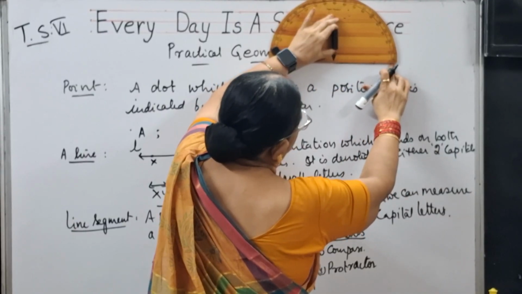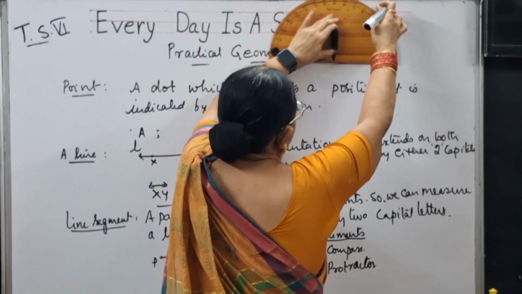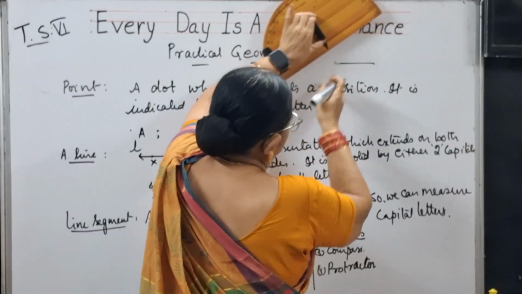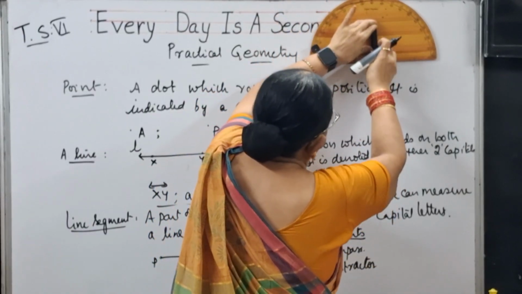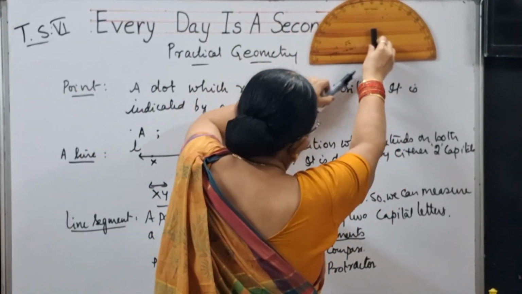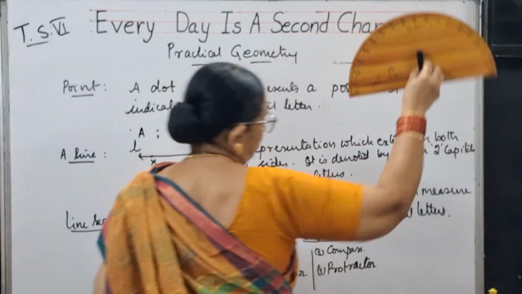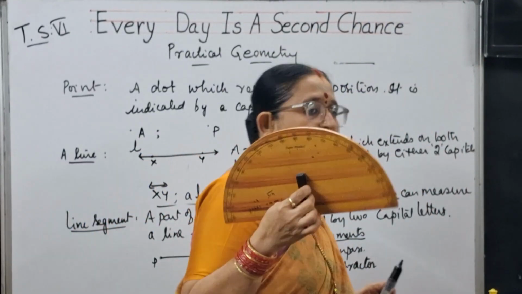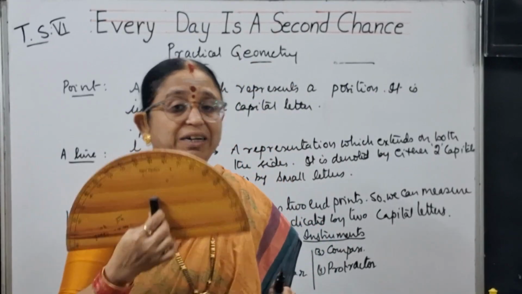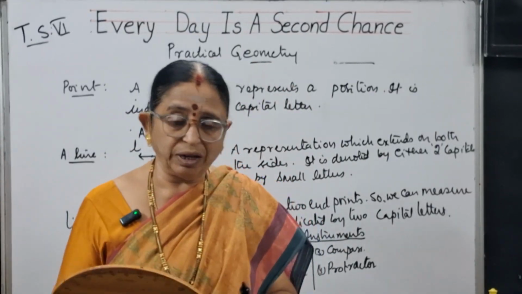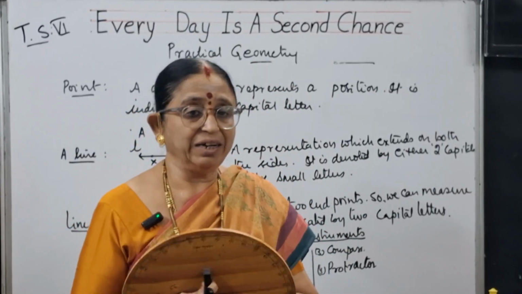So I should take this 0 and 40 degrees, 50 degrees, I should take a point here and join. Suppose I am taking this. Then see, the line is extending this side. So I should take 0 here, 0, 10, 20 like this I have to take. So this is the one which is called protractor, which we are using to draw the angles.